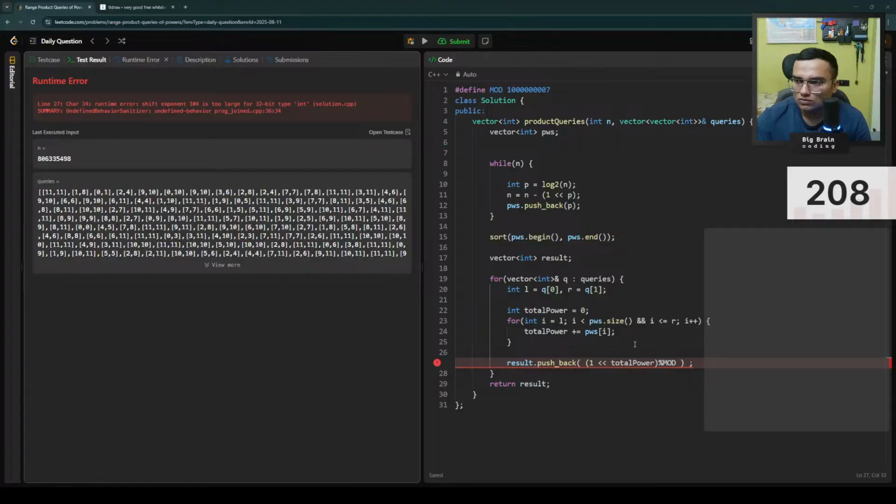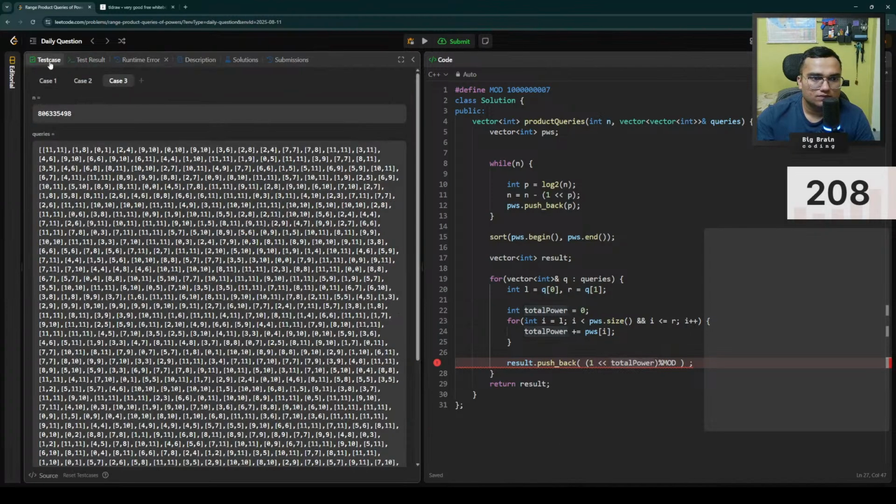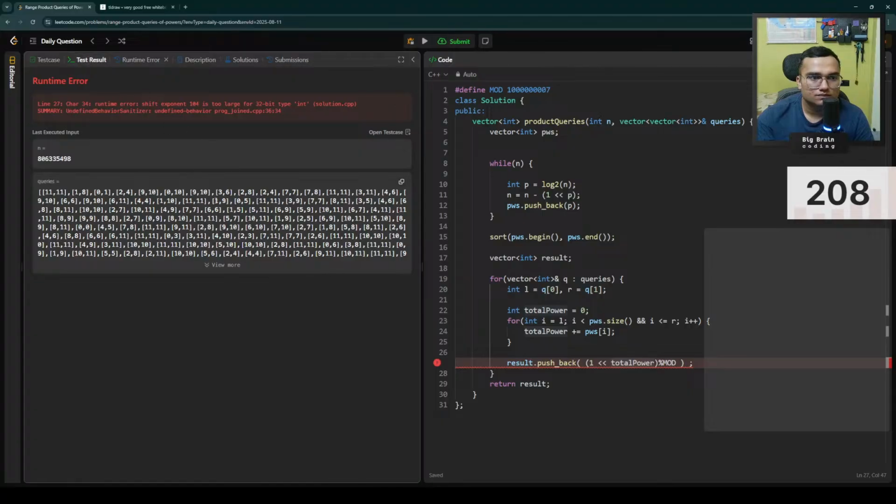okay, so simply, should I do total power by 2 or something? Shift exponent 104 is too large.